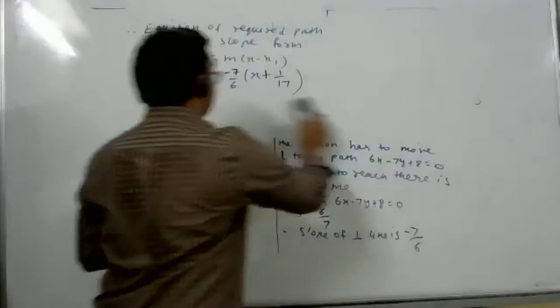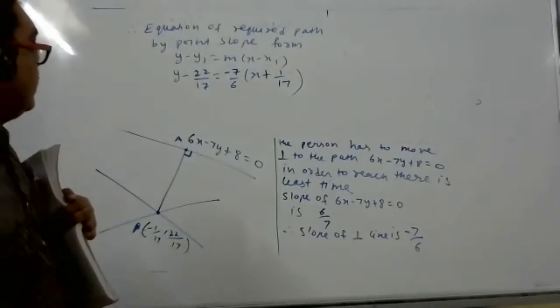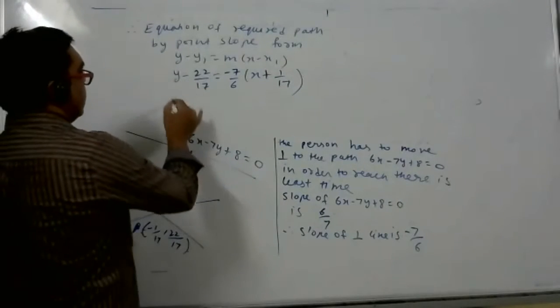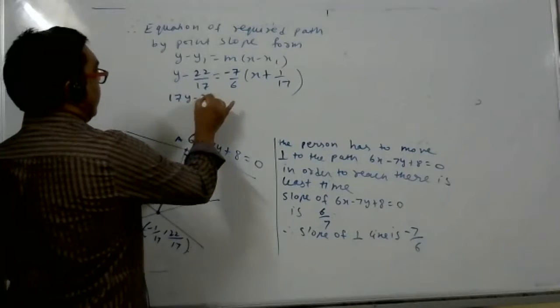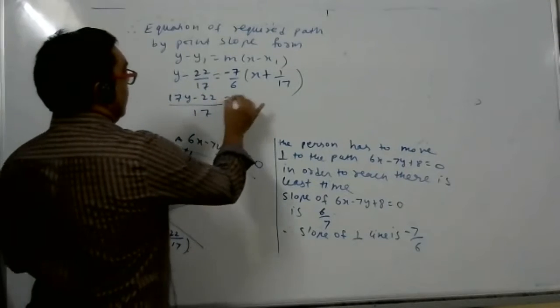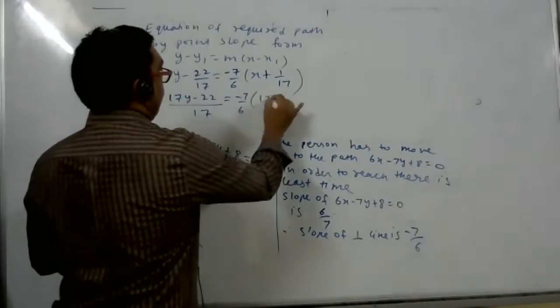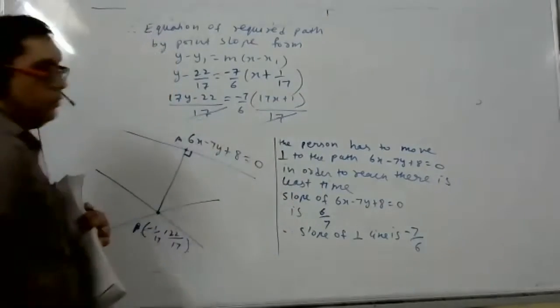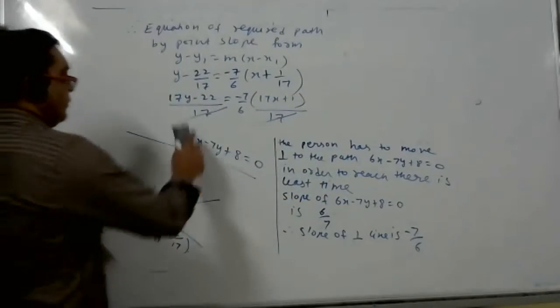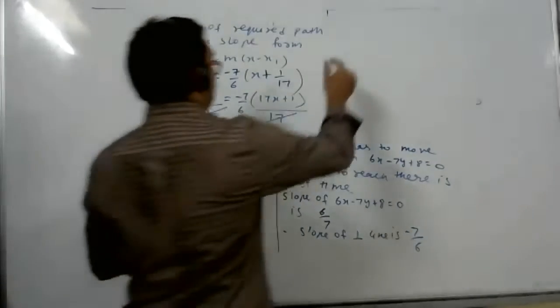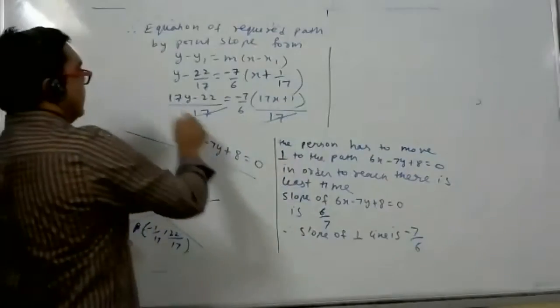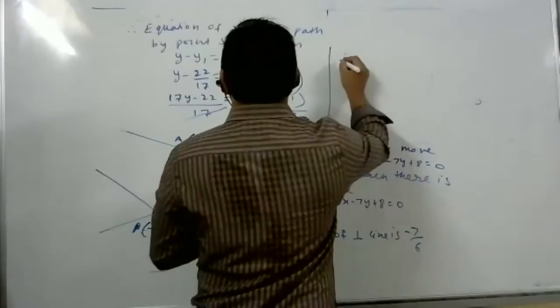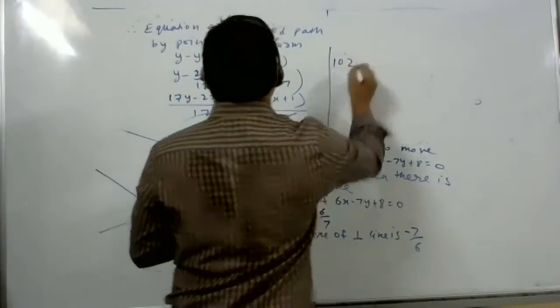Keshav, are you understanding this question? Very simple, I think. So what will we do? Multiply by 17. Yes, sir. 17y minus 22 by 17 equals minus 7 by 6 times 17x plus 1 by 17. 17 cancel. One of you check the answer also. So what does it come to now? Cross multiply with 17, 6, anybody know? 102. Is it correct?